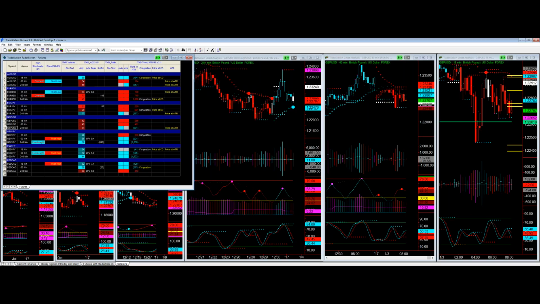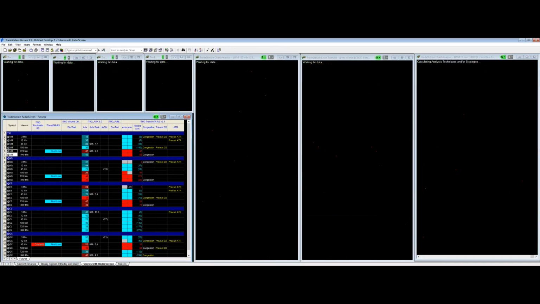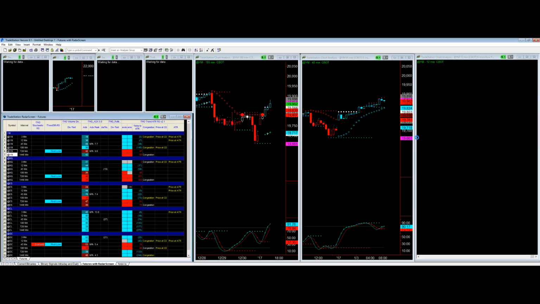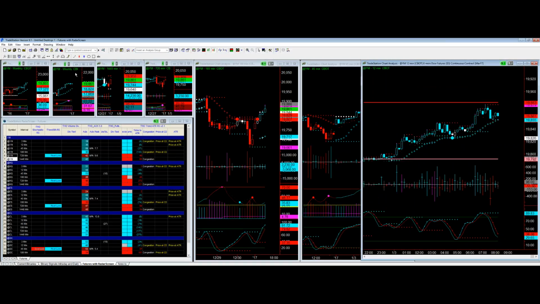On the Dow this morning, we had a perfect example of it. Let's get back to the Dow Jones. And I did a post on this morning for the blog. And this was just a perfect hidden divergence here, confirmed by volume divergence at the same time.